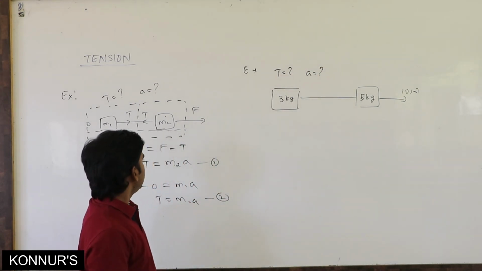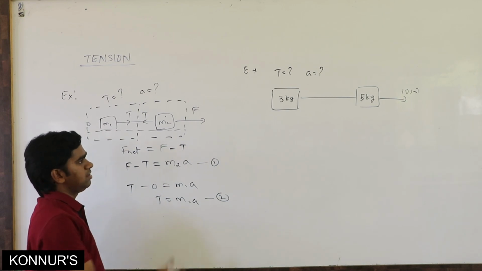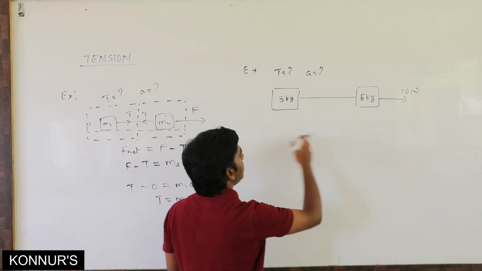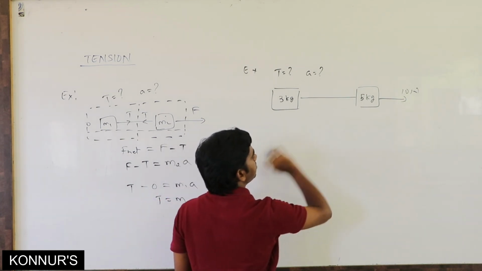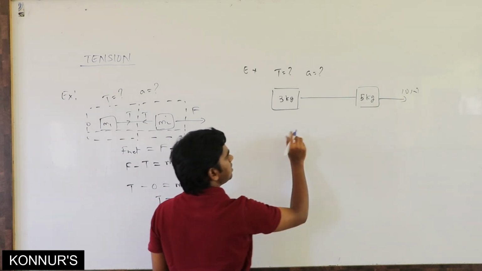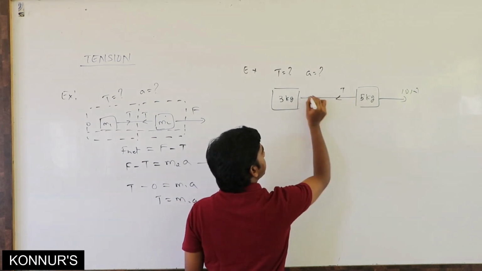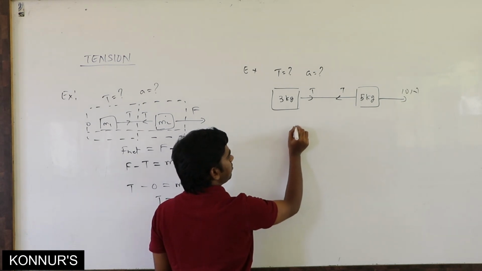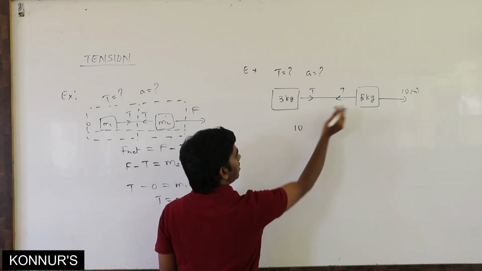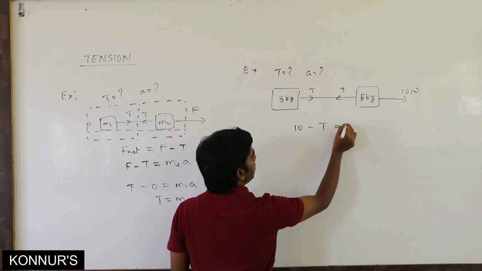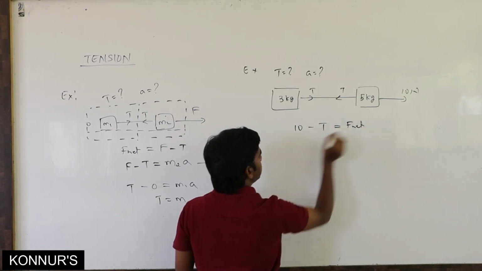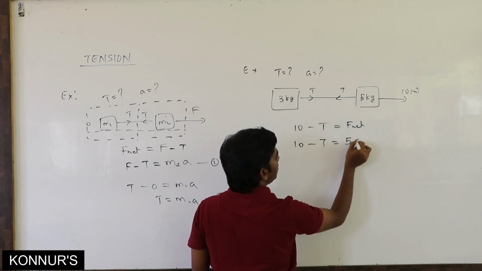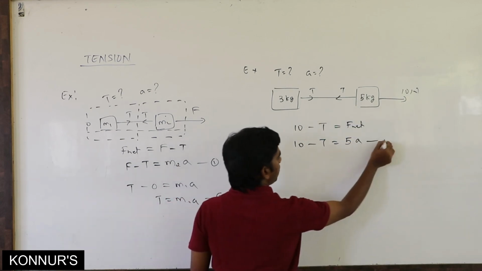You can find acceleration directly also, by dividing the force by the total mass, but we will apply the steps. What is the net force on this one? If I consider this body, the net force is forward direction 10, backward direction T. So 10 minus T equals 5 into its acceleration. You got one equation.